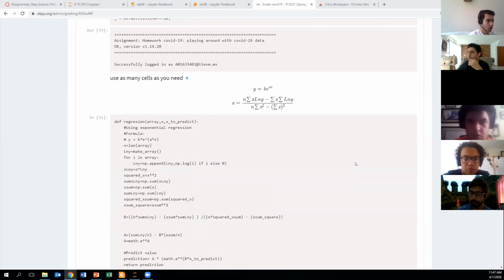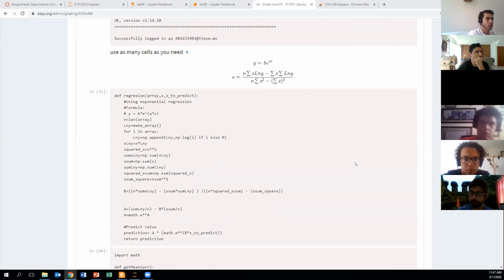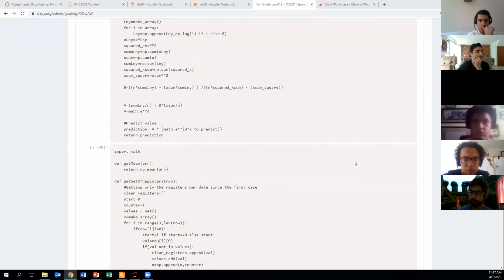Okay. Yeah, so the first idea we had was to predict how the infection was going to be around the world, but by using an exponential function.